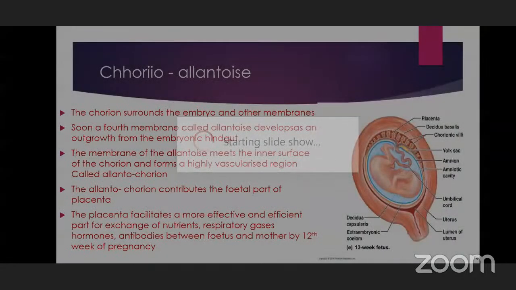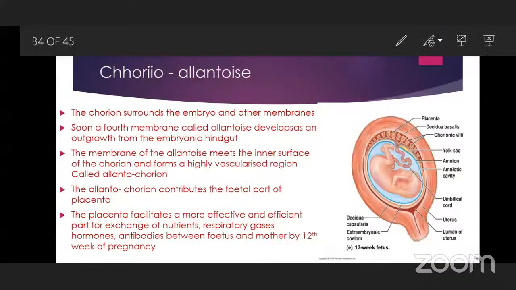Now the chorion, you can see here, the wall of the endometrium to absorb the nutrients as well as the exchange of gases, and this is the amniotic cavity. Okay, first let us discuss the function of this chorion.